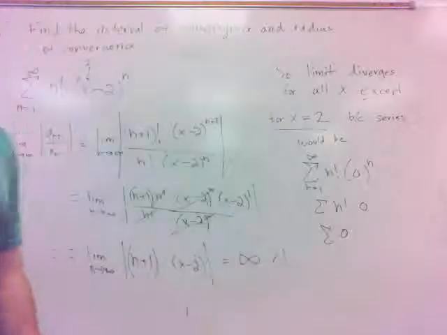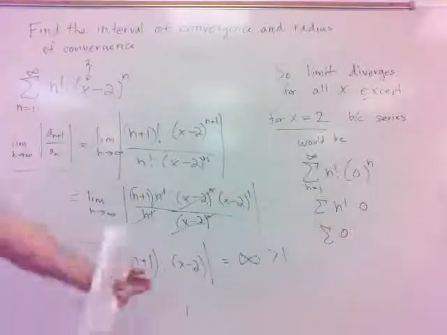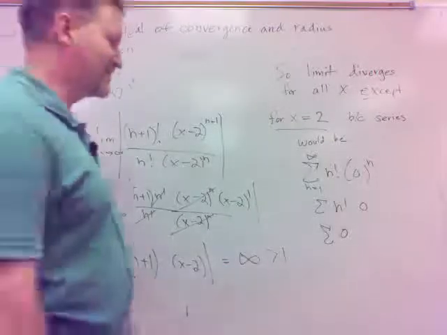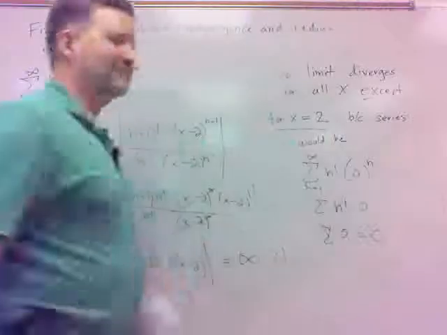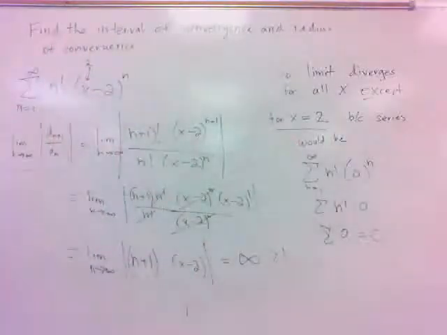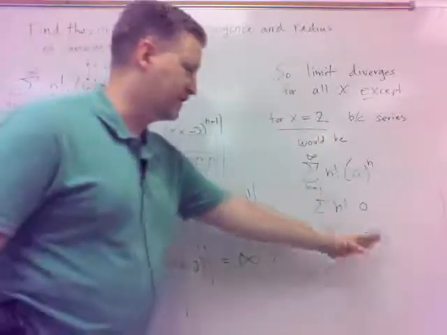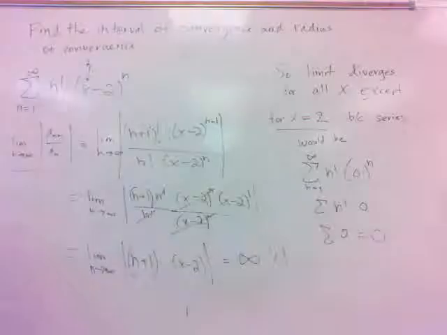Does that converge? Yeah, because it doesn't do anything. It's not a very interesting series, but that series is equal to 0, so it definitely converges. When we say it converges, that means it goes to a number.